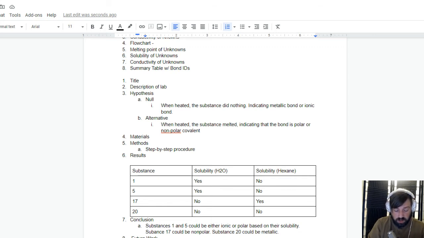So future work could be further testing of 1 and 5 to determine the bond ID. We could do a melting point test. Melting point test would be helpful. There we go. So something like that.